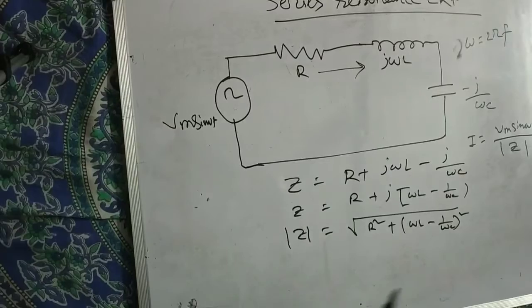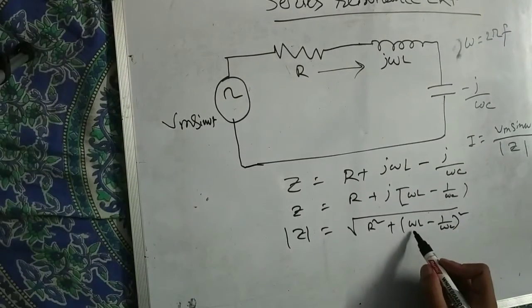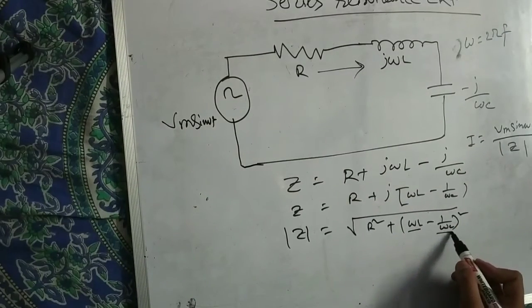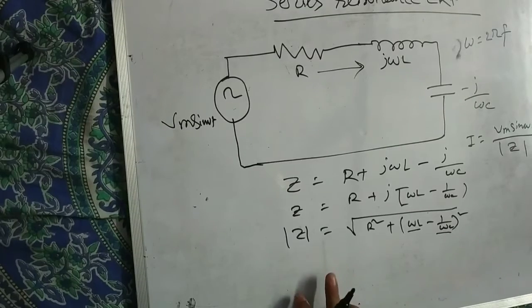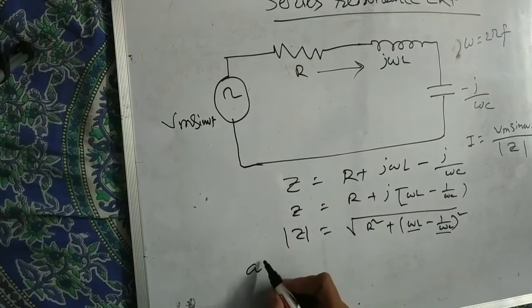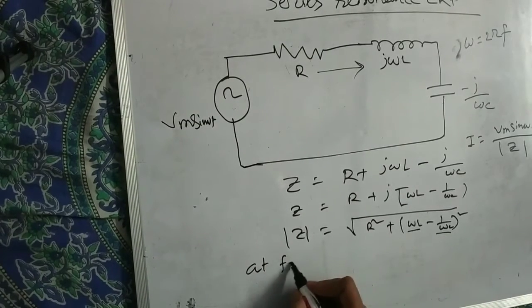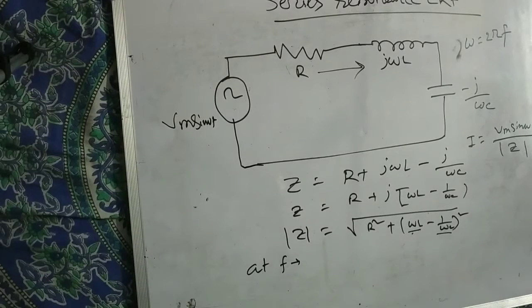So if at some frequency the impedance of the capacitance and inductance will be the same, then what will happen? Suppose at frequency f, the impedance of omega L and omega C will be the same.